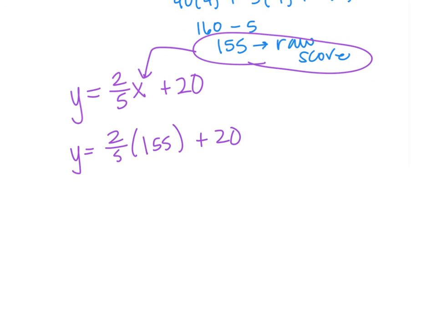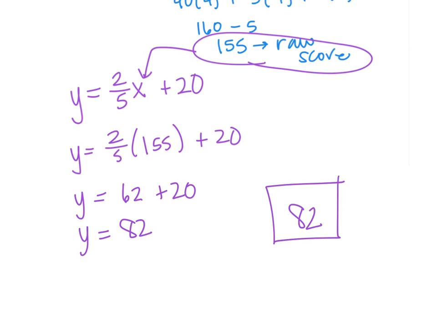Now when you do 2/5 times 155, that's going to give you 62 plus 20. So the score is 82. So what score between 0 and 100 corresponds to the raw score of 155? 82.